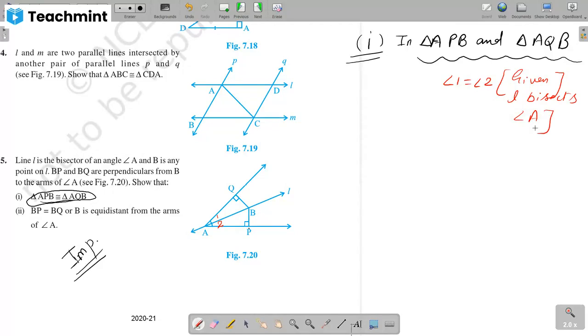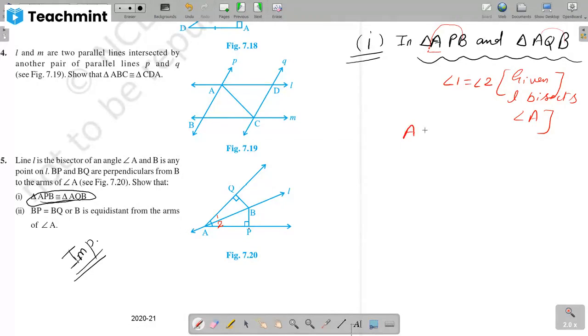And then to prove. In all these types of questions where we have to show or prove something, these points are compulsory: what is given, what we have to prove, and also the figure. There is a fixed format to write given, to prove, and figure. So angle 1 equals angle 2, given. Then when you observe, you will find that this side AB is common.